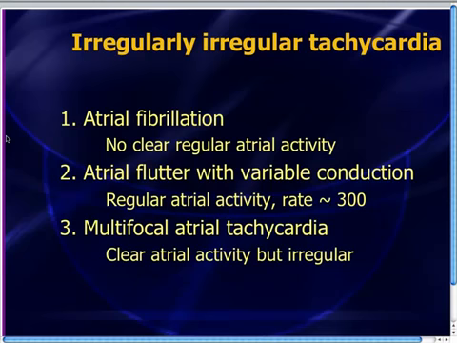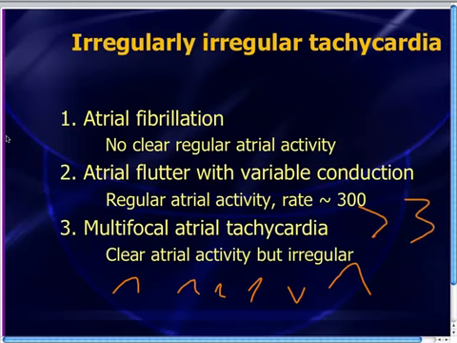What do you see with multifocal atrial tachycardia, or MAT? You see clear-cut atrial activity, but it's irregular. So you'll see nice P waves, but they'll be irregular, and they'll also change morphology. You have to see at least 3 different morphologies for P waves in order to call something multifocal atrial tachycardia. So let's go back to that EKG.